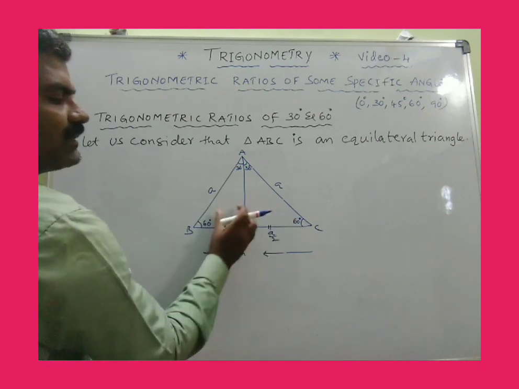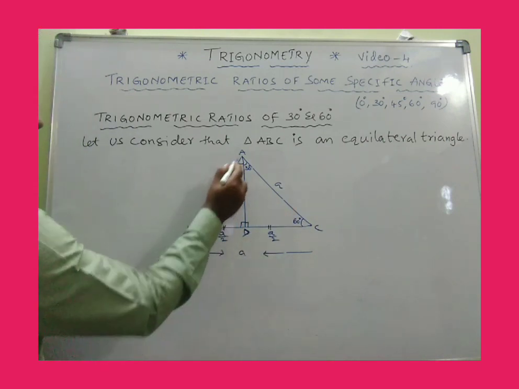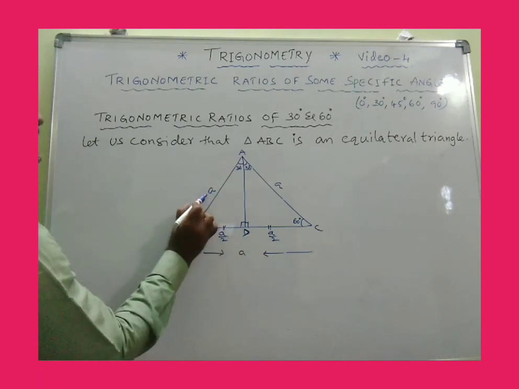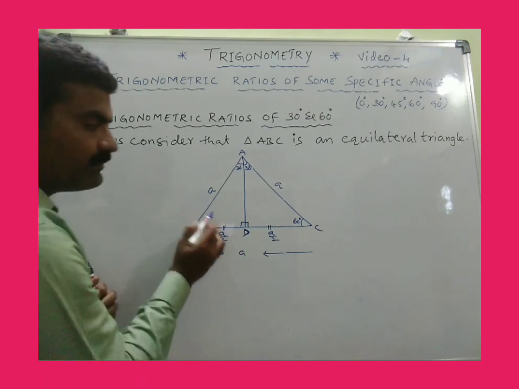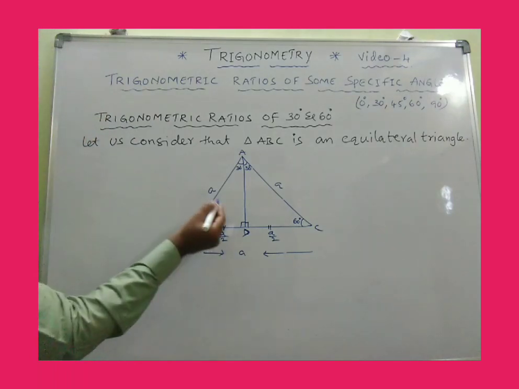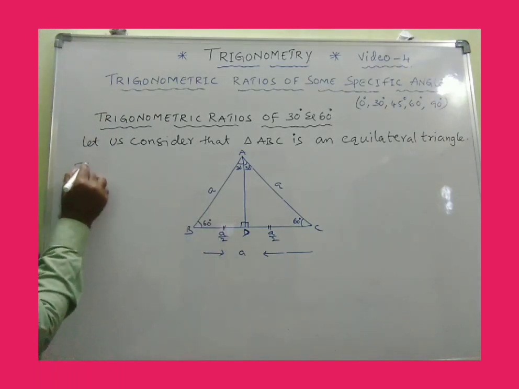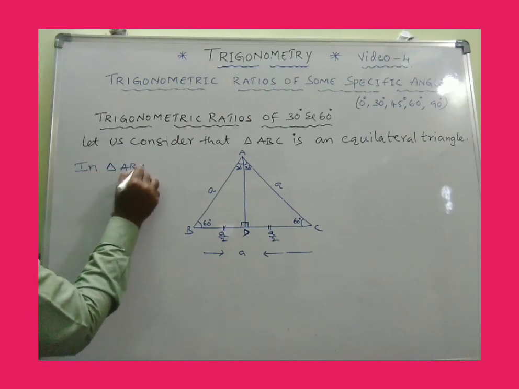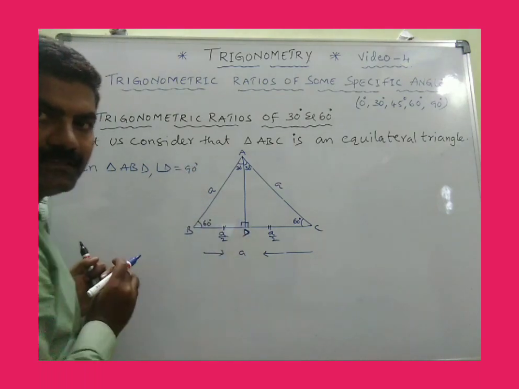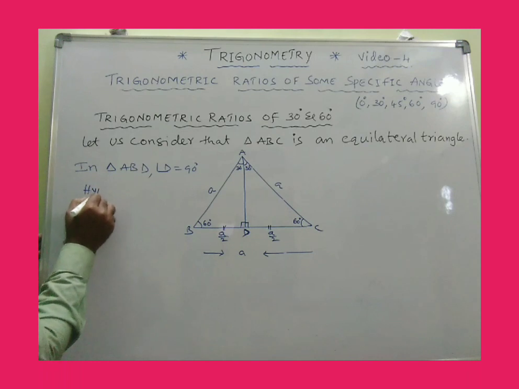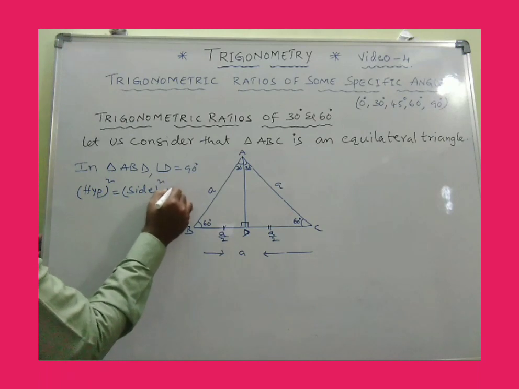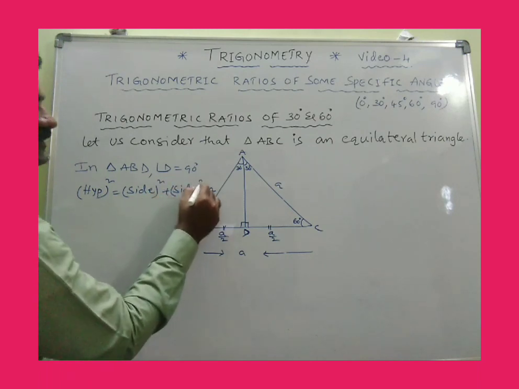Now you can consider any one of the triangles, but if I consider triangle ABD, this part I know, this side is a by 2 and this side is small a, but this one, AD length, we don't know. So let us apply Pythagoras theorem for triangle ABD. In triangle ABD, angle D is 90 degrees. Because of the right angle triangle, hypotenuse squared is equal to the sum of the squares of the remaining two sides.